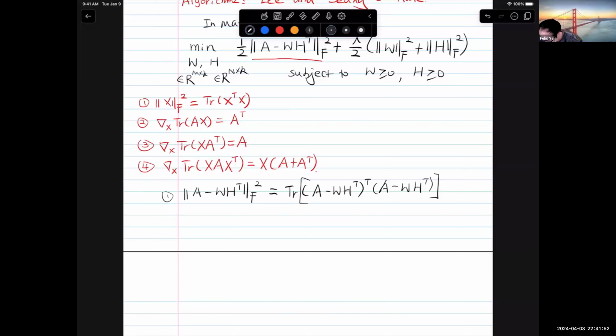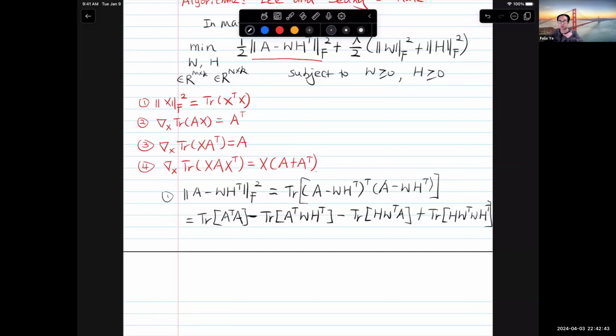If you expand this, you get trace of A transpose A, minus trace of A transpose WH transpose, minus trace of HW transpose A, plus trace of HW transpose WH transpose. Okay, so these are the four components.